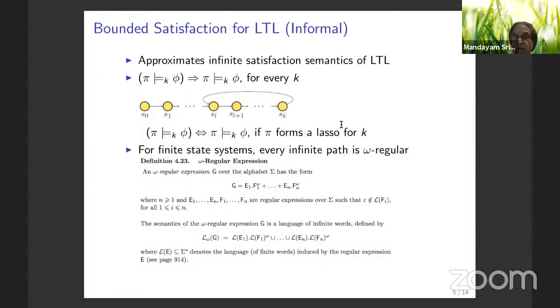But the completeness comes from the fact that there always exists a K after which every infinite path can be represented by a lassoing path, because of this omega restriction on how we define finite state systems.